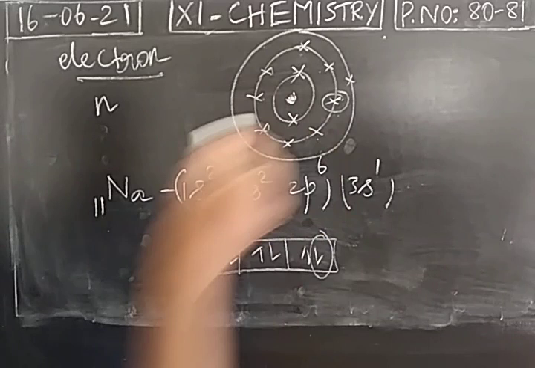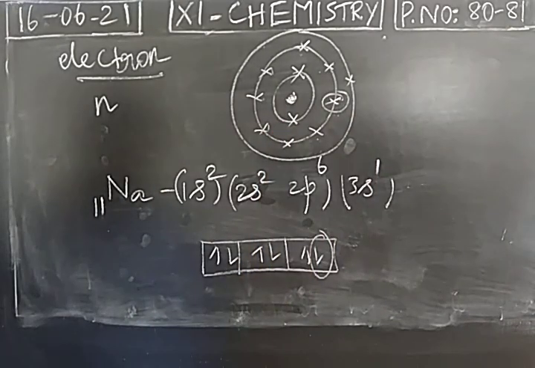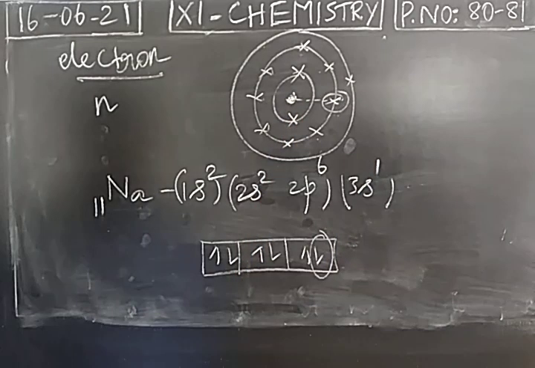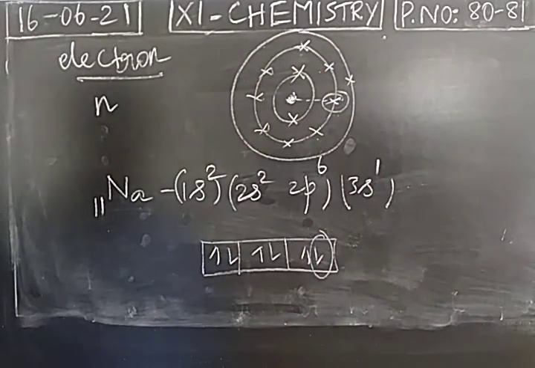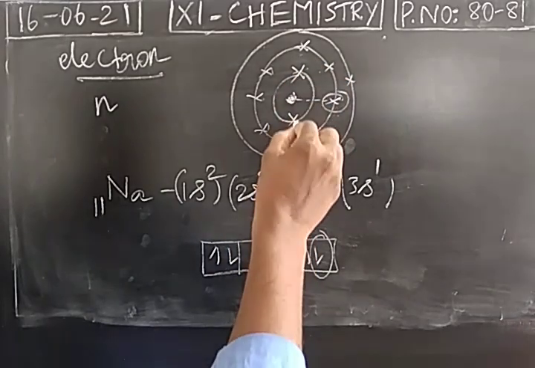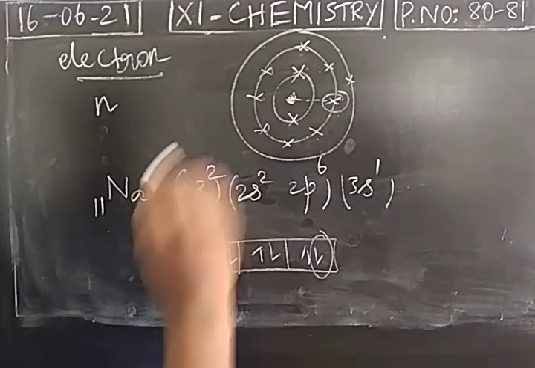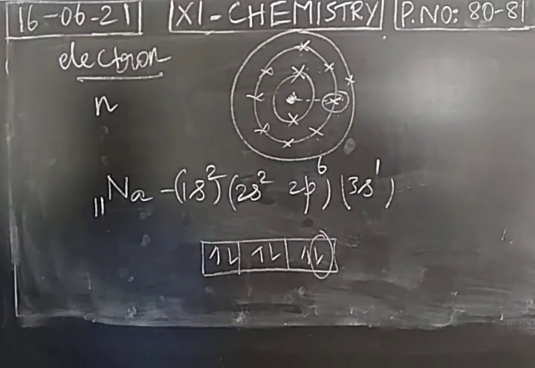Definitely these 7 electrons will disturb the attraction between the nucleus and this electron. This attraction will be disturbed or screened or shielded by the 7 electrons in the same shell, as well as these 2 inner electrons, which will also be involved in shielding the attraction between the proton and this electron.